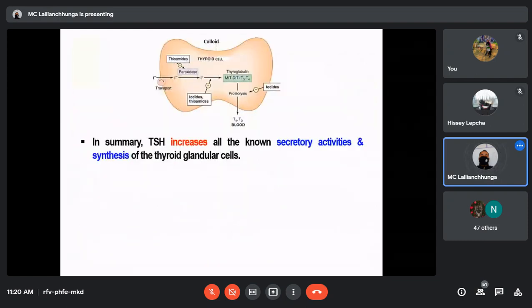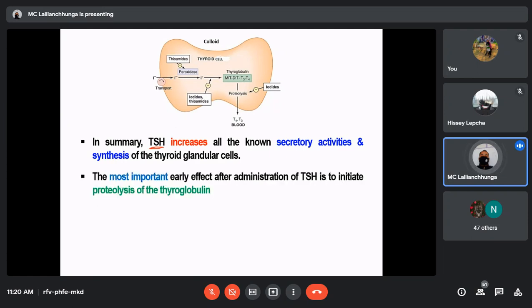So we can summarize it like this: the function of TSH in the thyroid follicular cells. TSH increases all the secretory activities and synthesis of the thyroid glandular cells, that is regarding the thyroid hormones.